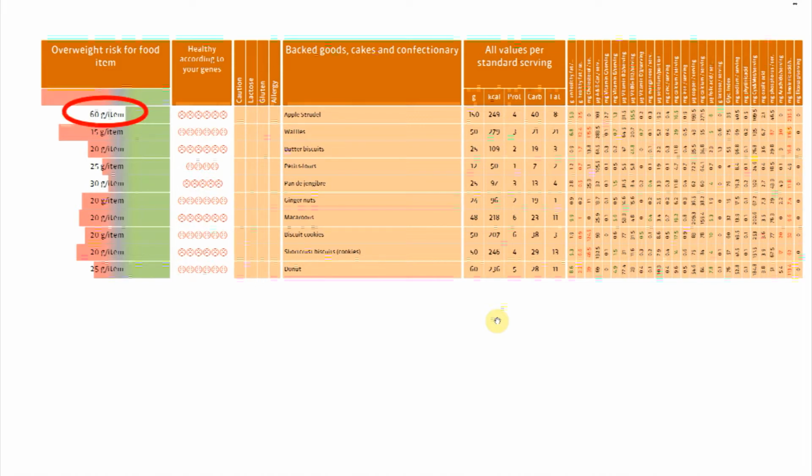So a person can eat 60 grams of apple strudel to have the same weight gain effect as 15 grams of waffles. So what does this tell you? It tells you eat more apple strudel and less waffles if you have the choice. Both taste maybe the same to you, then you can choose the ones that are better for your genes.